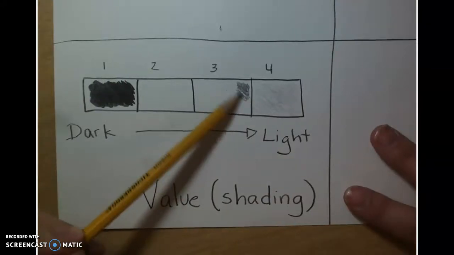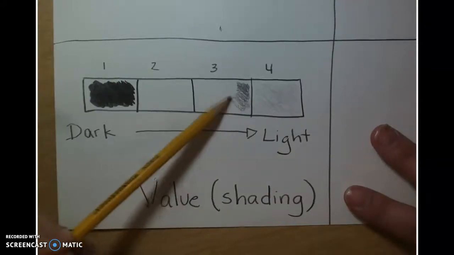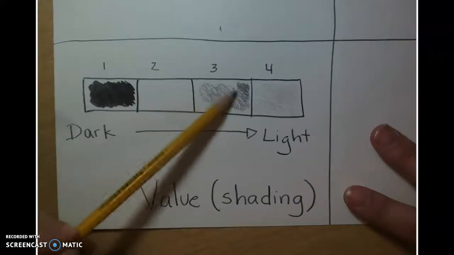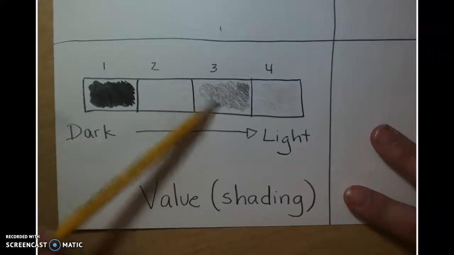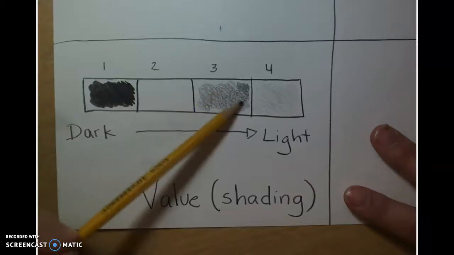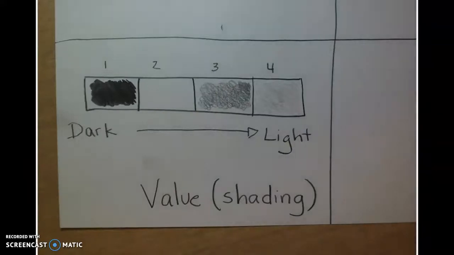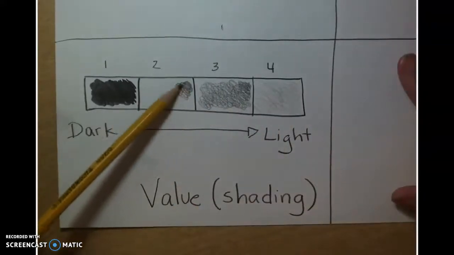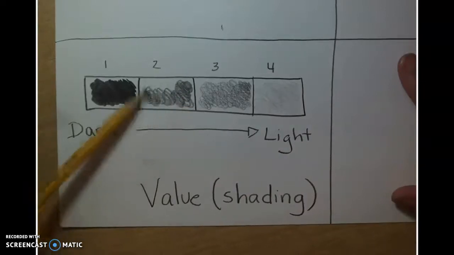I'm going to press just a little bit darker. And value, there we go. So we can definitely see the differences. And for number 2, I go in here and I'm going to press even darker.